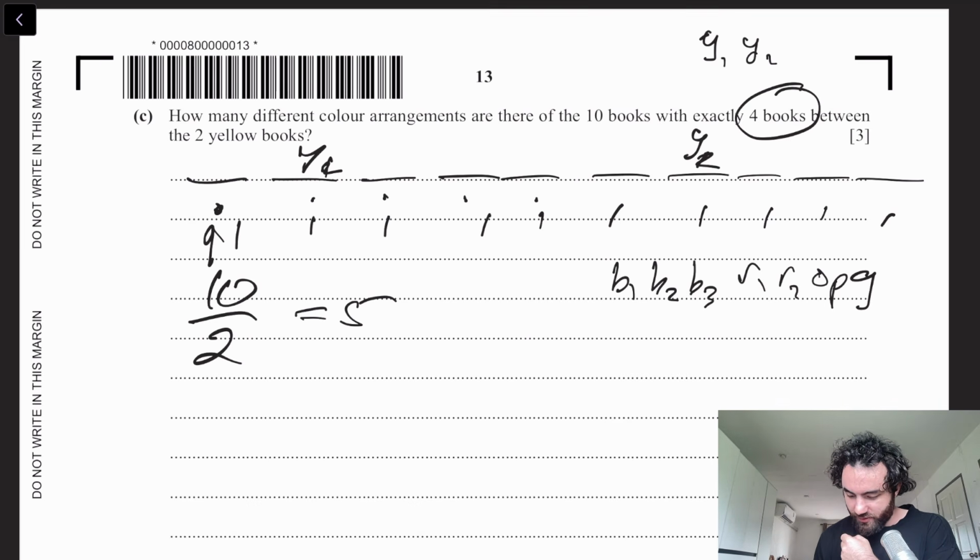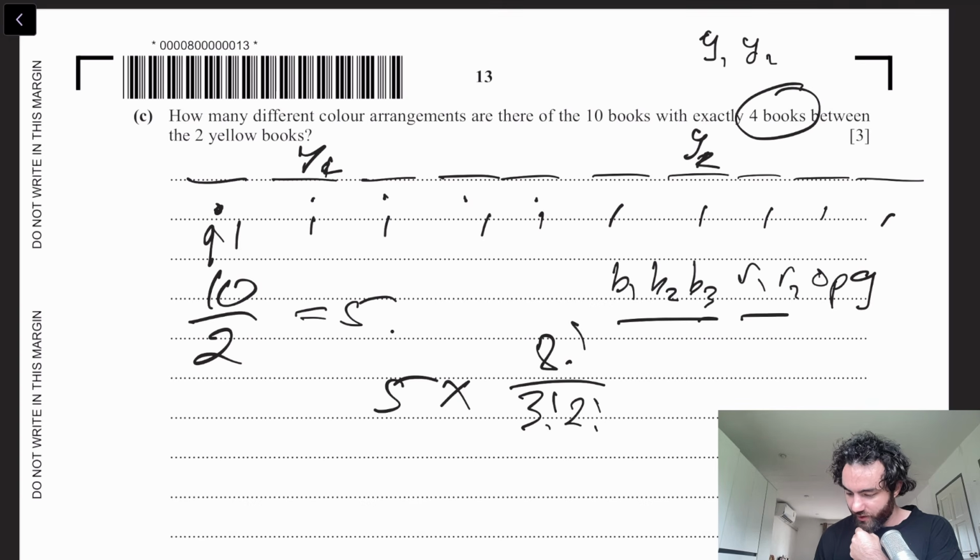So the ways I can put these is 8 factorial divided by 3 factorial and 2 factorial, for the overcounting of these reds and blues, times 5. Yeah, I'm going to go with that. We'll check it after, but that makes sense to me. That gives 16,800.